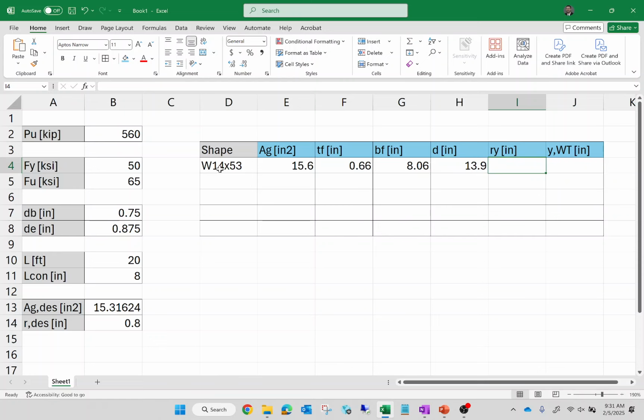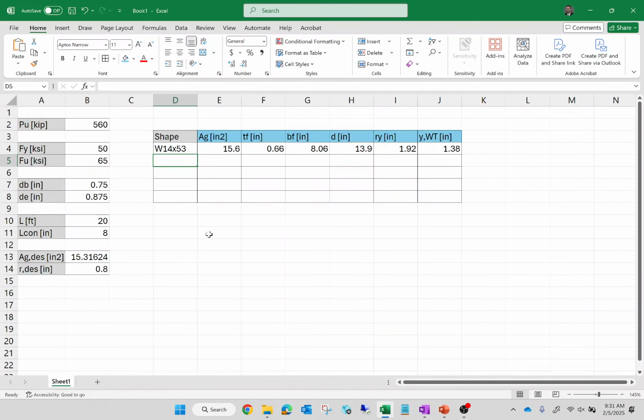The RY? 1.92. And then the Y bar. So we're going to need a Y bar for a WT7. 1.38. 26.5 is it? So what'd you get? 26.5. 1.38? Yeah. Everybody else get that? Okay. All right. Everybody with me on this?